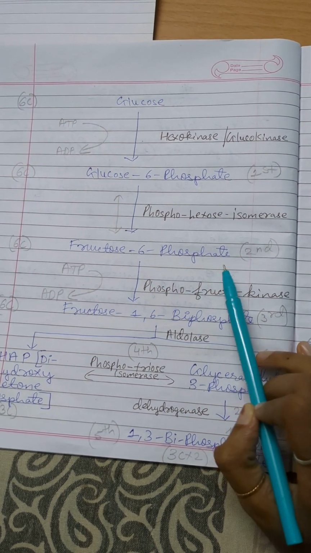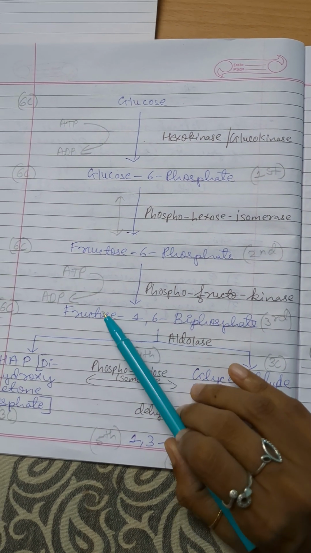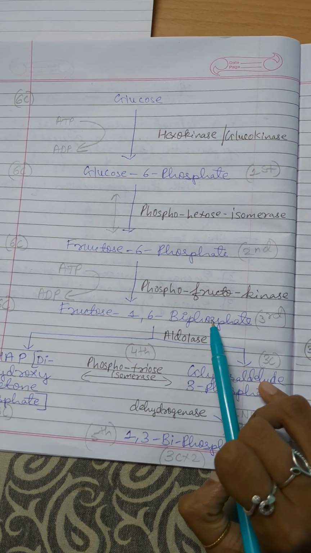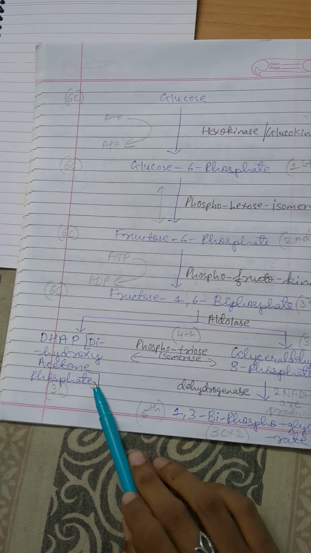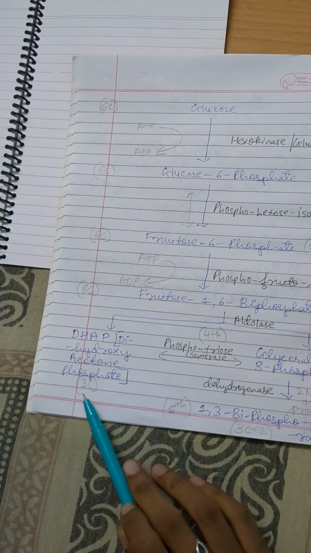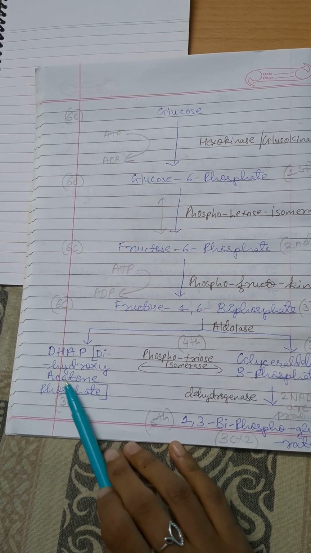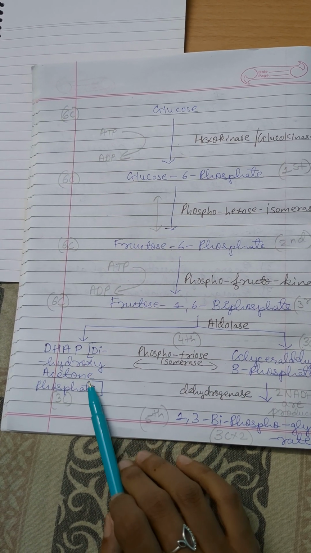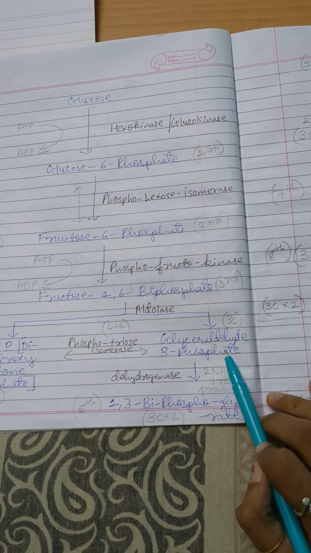Fructose 6-phosphate is then converted to fructose 1,6-biphosphate. Fructose 1,6-biphosphate is then split into 2 molecules of 3 carbons each. First is DHAP, dihydroxyacetone phosphate, and second is glyceraldehyde 3-phosphate.